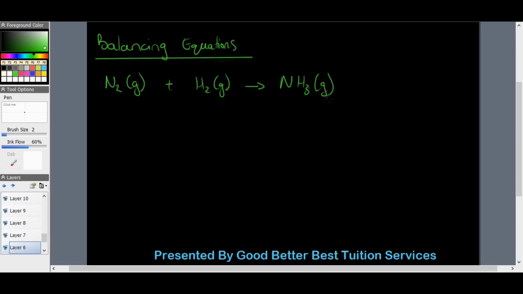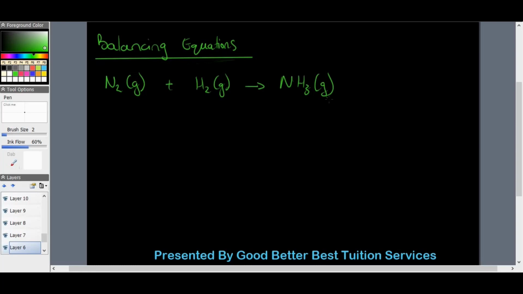With that being said, the equation is unbalanced. We see that the left side of the equation has 2 nitrogen atoms. Why? It's N2. Not like the freeway. And we also have 2 hydrogen atoms on the left.